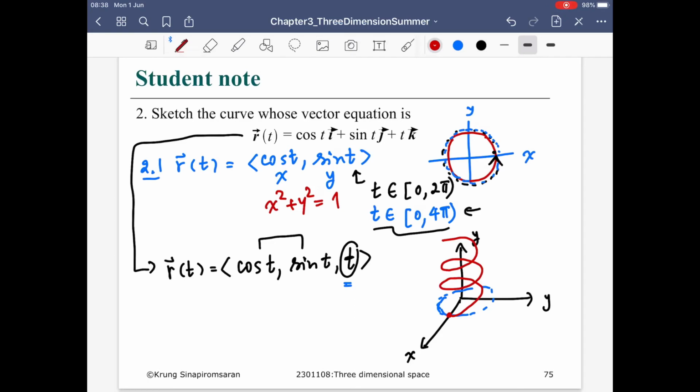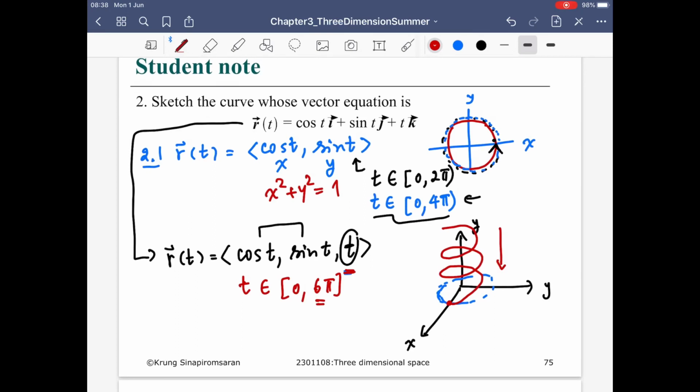But if you collapse this helix down, it will be the unit circle as well. You know what I say? So it's going to be a helix like this because of this t. And let's say that if your t is from 0 to like 6 pi, then it's going to be a triple helix, right? So this one is a common curve that you should know.